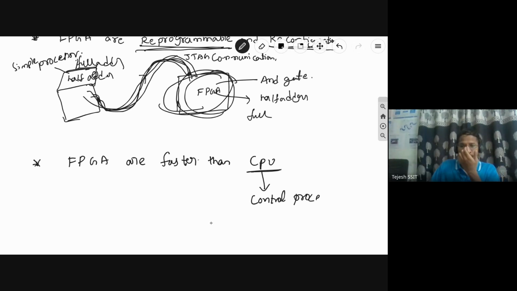In your college and computer labs, you can see it beside the monitor, a rectangular black box. So FPGAs are faster than CPUs.